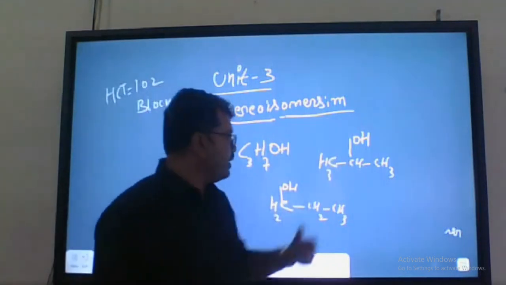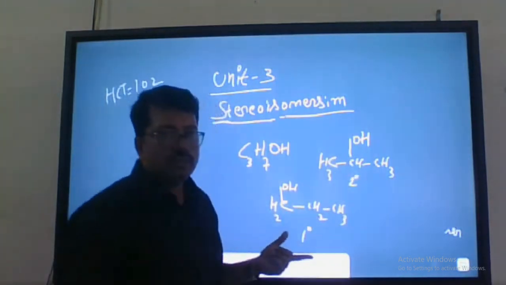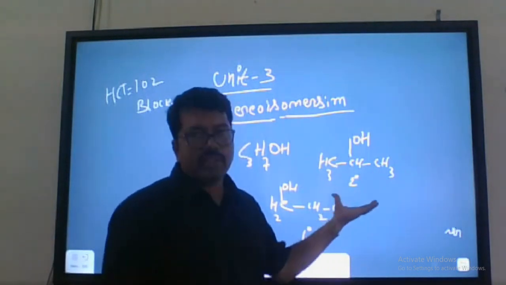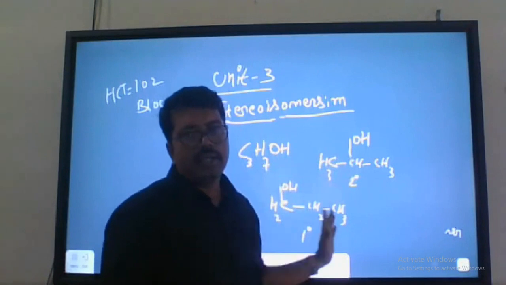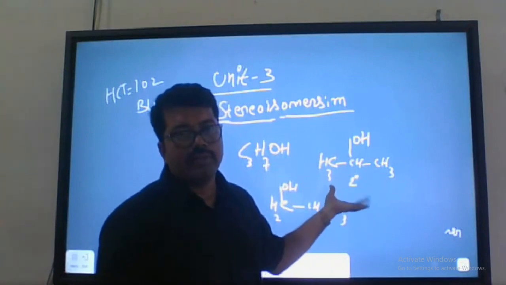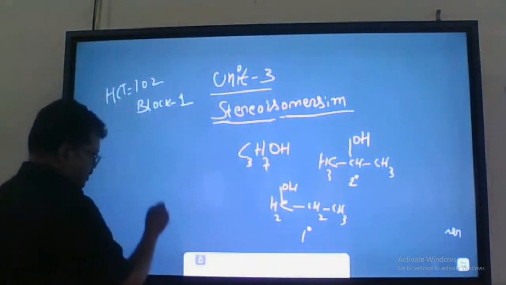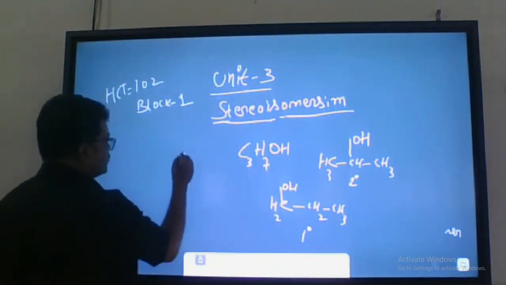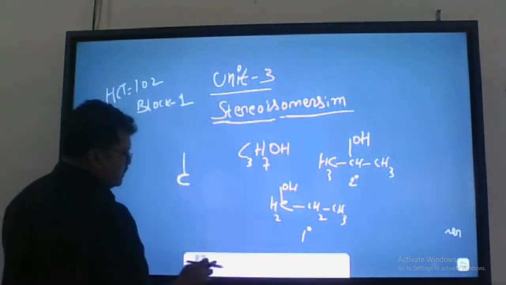This is the primary alcohol, and CH3 CHOH CH3 is the secondary alcohol. So in the previous class, we studied the same molecular formula but different arrangement of atoms, for example different arrangement in space.